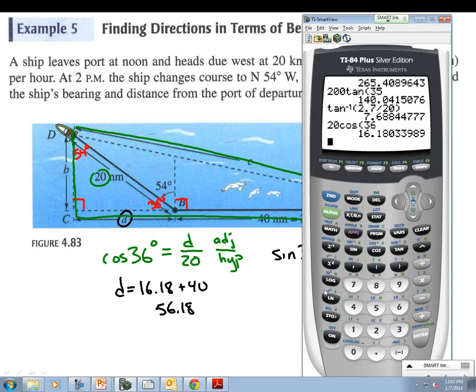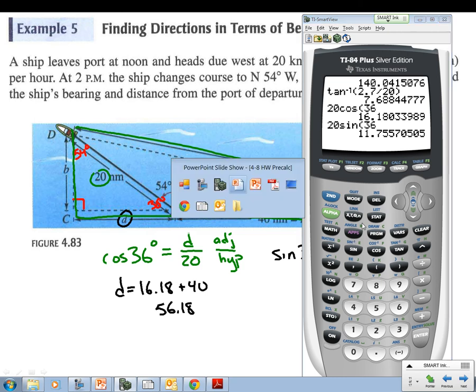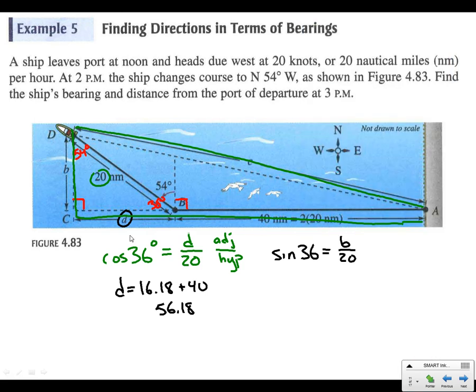Sine of 36 times 20, 11.76. Now we know the long side. We know B, the short side. Can we figure out C?